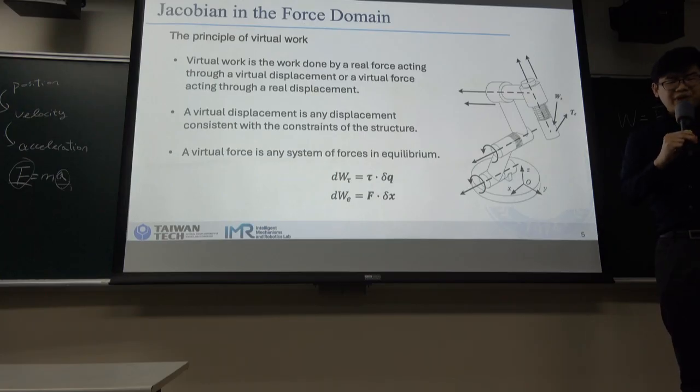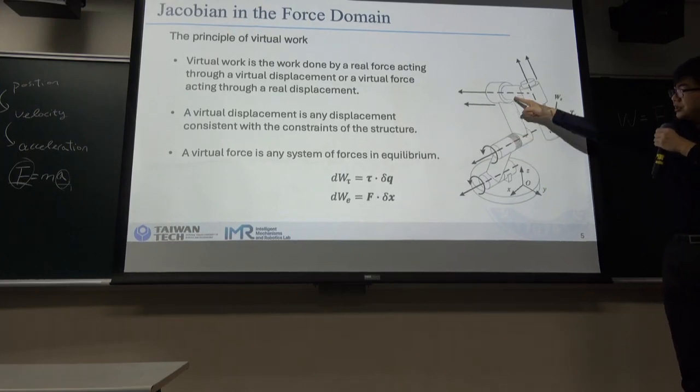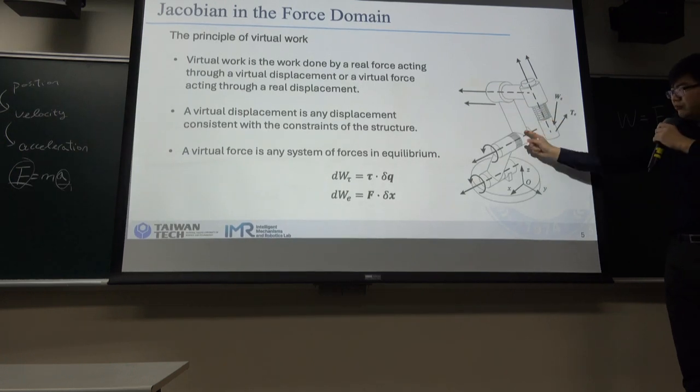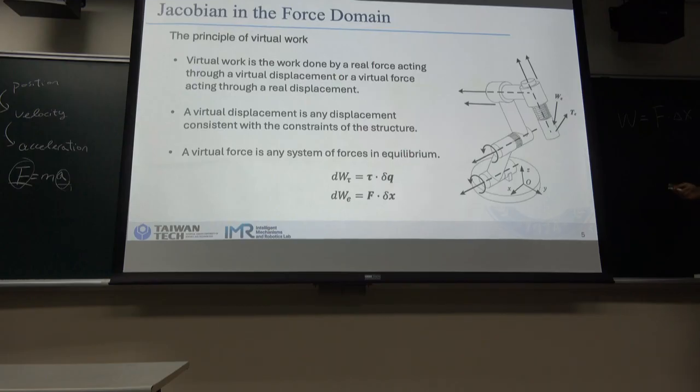Because it is a rigid body, it shouldn't be rotating, but we assume that because this is a joint, if we apply a torque on this joint, there will be an angular displacement rotating. So what is the work done if we apply a torque?